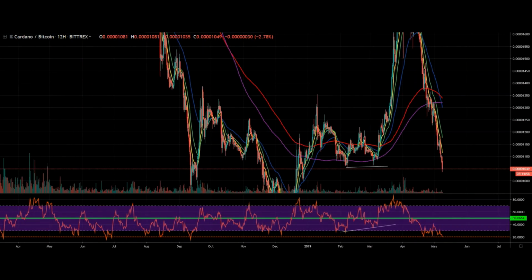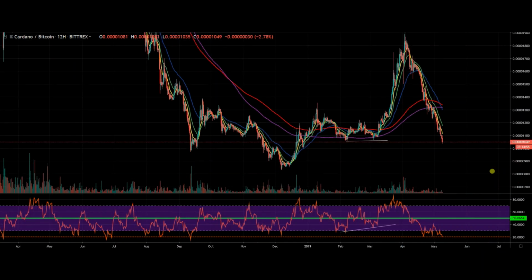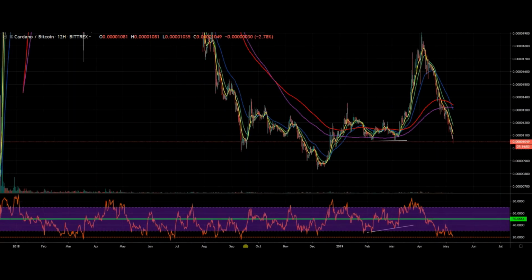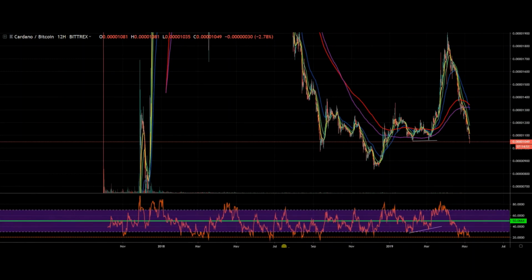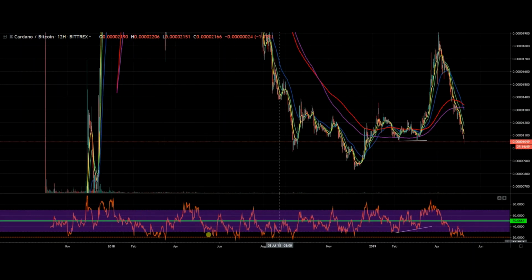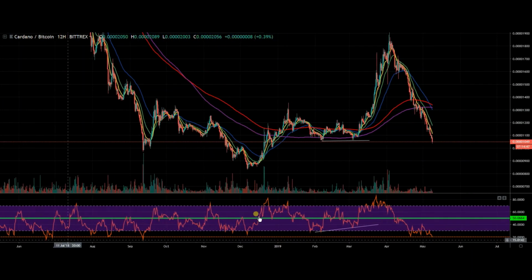If I took you right back to the beginning, we could get an example of this, maybe a really good example. Well, I can just use this in the meantime, as this is a very oversold level. So we spiked right down now, and we're into this oversold territory.